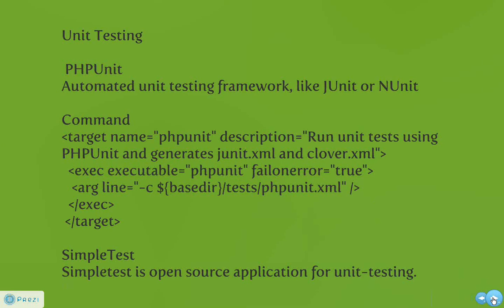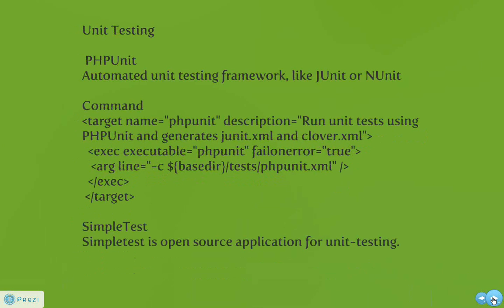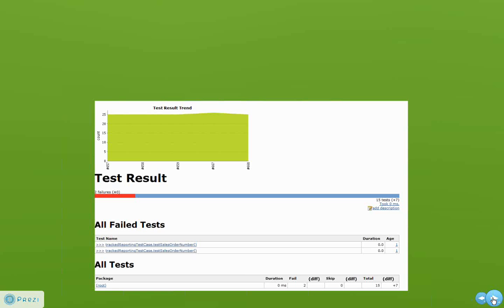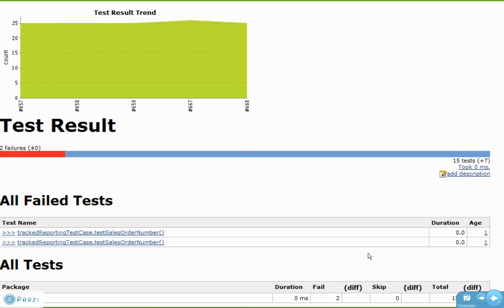So this shows you the test results, how the test result would look. Now if you look at this count, if it is green, then you have covered most of the tests, or all the tests have passed. If it is red, then the test has failed. So this gives you the report.